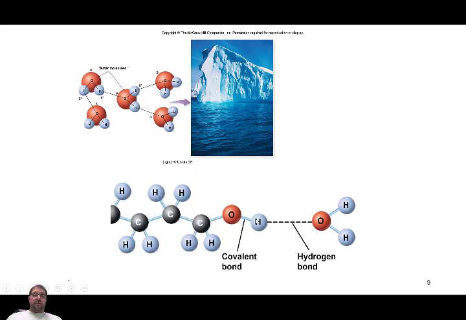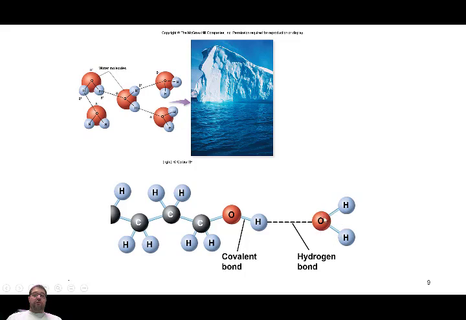But here, this hydrogen is going to have a charge. It's going to be positive. So this is a polar molecule because of what's called a hydroxyl group, this OH group at the end. Okay? That has a positive charge. This is a water molecule. Also, these bonds here are covalent bonds. Okay?